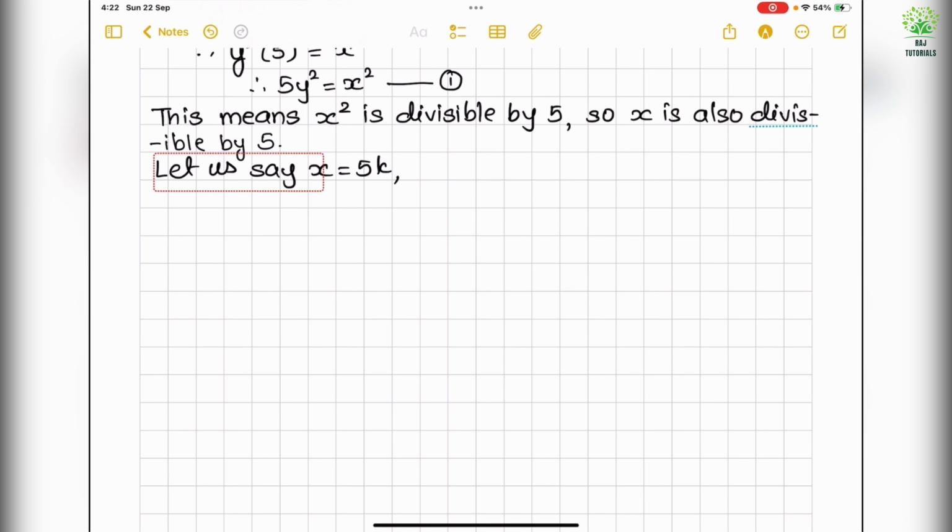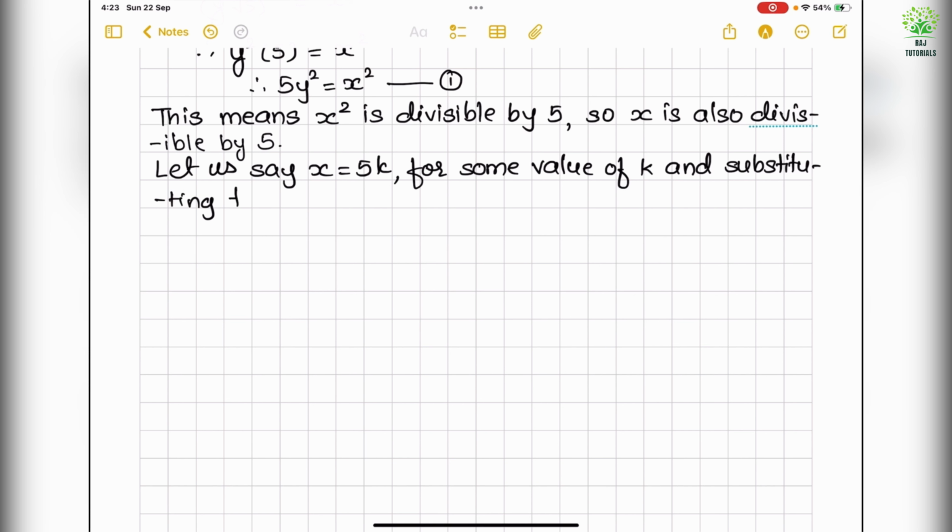Now let us say x equal to 5k for some value of k, and substituting the value of x in 1.